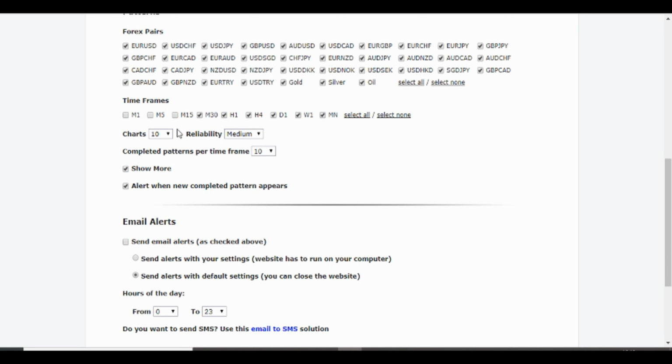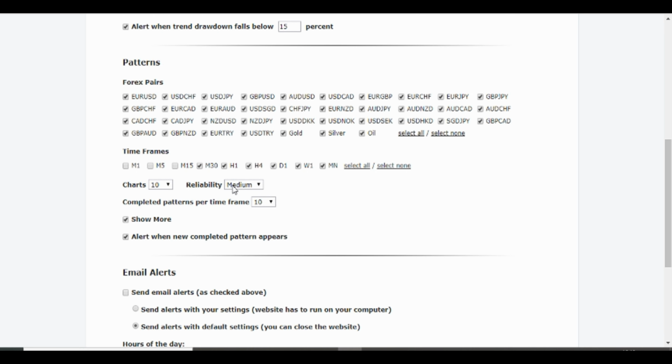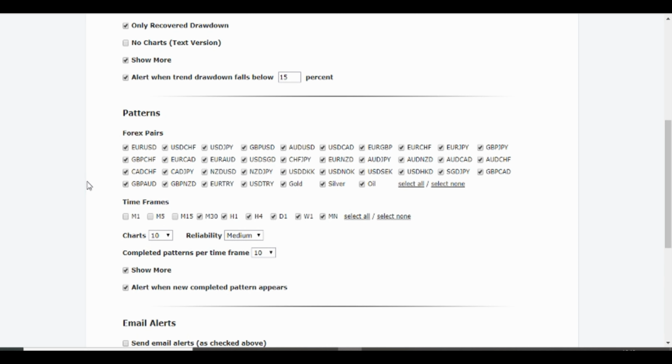And if you want to receive very good signals, then you can click on medium or high or highest. Okay, you're gonna receive fewer signals, but their quality will be higher. If you click on lowest, then you will have to filter many signals. Okay, but I like this software.